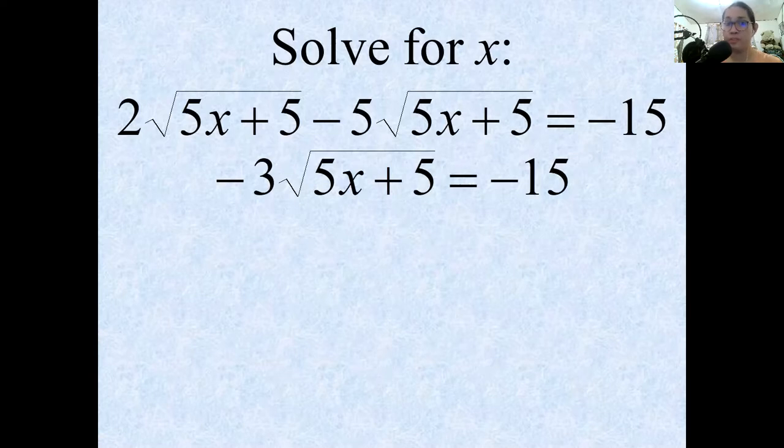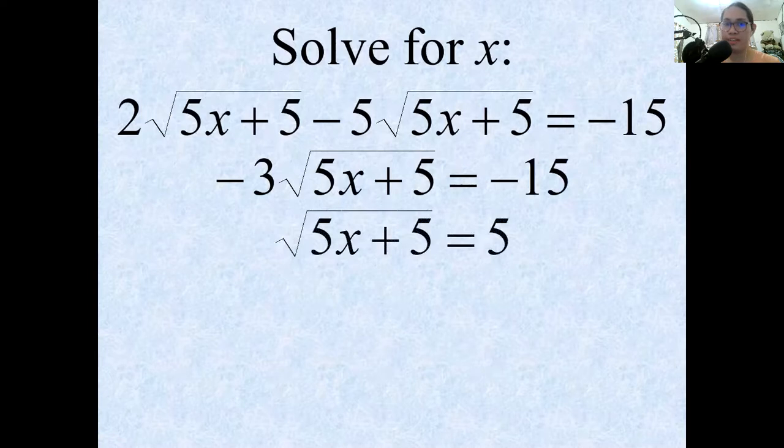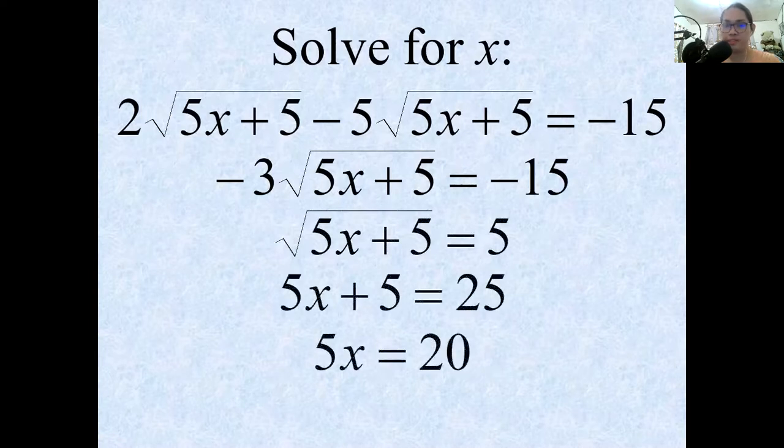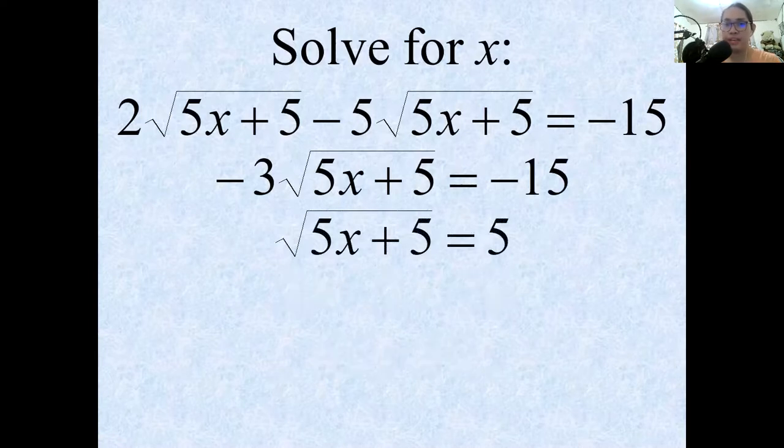Then divide both sides by negative 3 to isolate the radical expression. So you have the square root of 5x plus 5, since negative 15 divided by negative 3 is equal to positive 5. Then we square both sides of the equation to remove the radical.